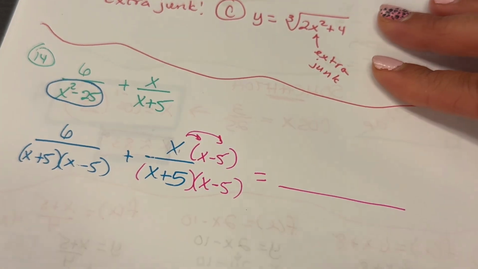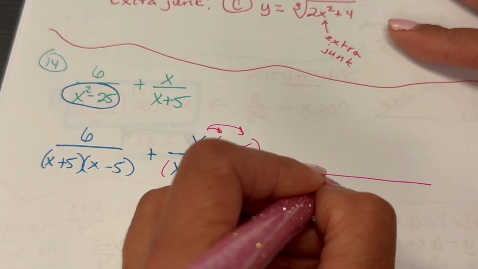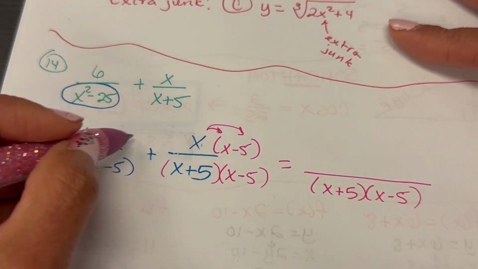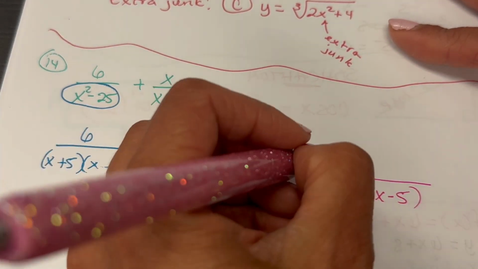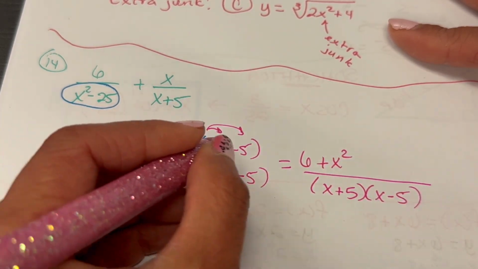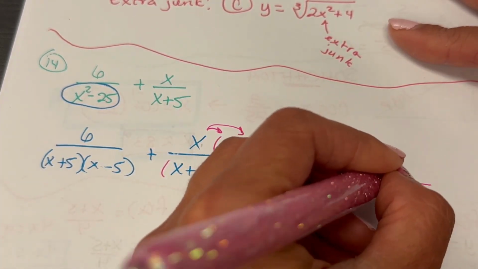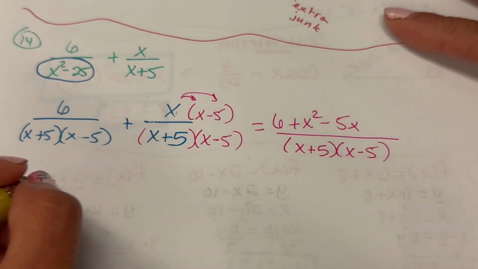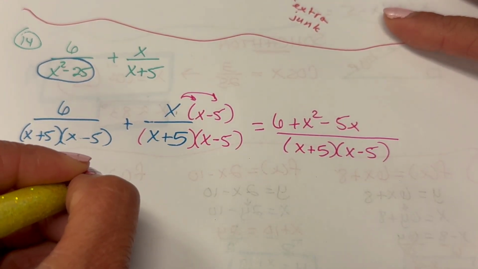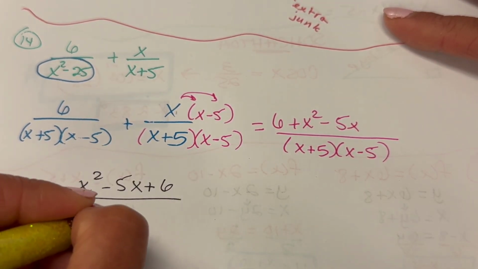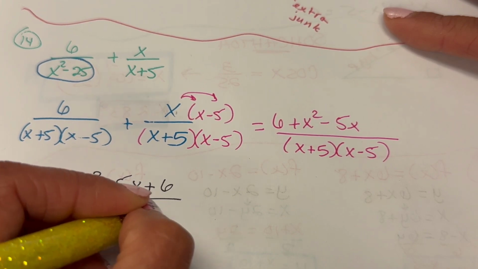So now that we have a common denominator, you keep the denominator, x plus 5, x minus 5, and now we are allowed to add the numerators. So I have 6 plus x times x is x squared, x times -5 is -5x. And that is not in standard form, so I want to rewrite that in standard form. So that would go x squared minus 5x plus 6 over x plus 5, x minus 5.